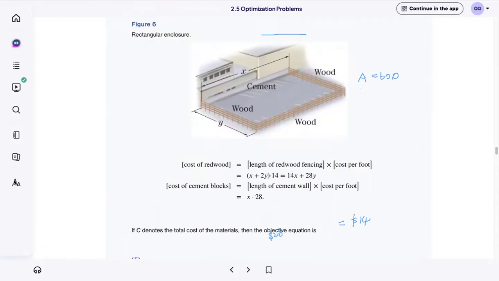Let me erase this. Right, let's write here. So we know the area is 600 square feet. We know the wood costs $14 per foot. And we know the cement costs $28 per foot, right? Okay, so let's write it down. The area equals length times width, which is 600.